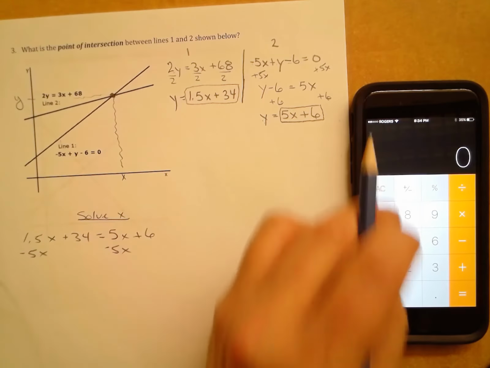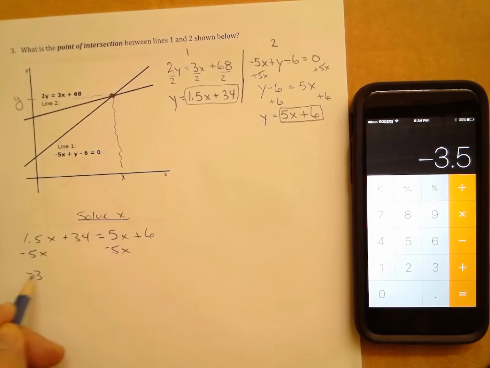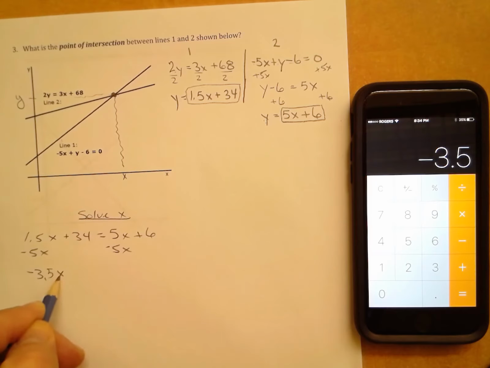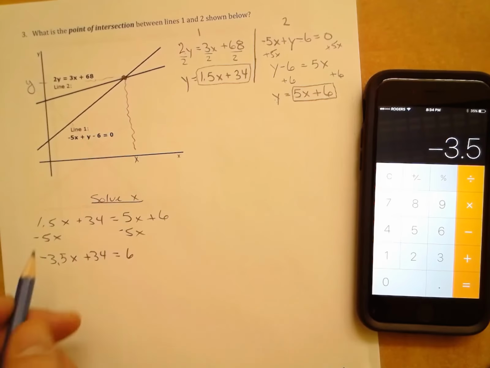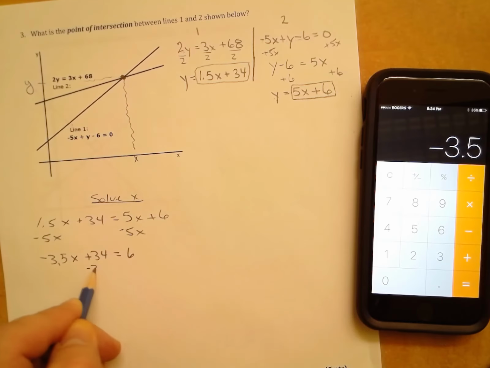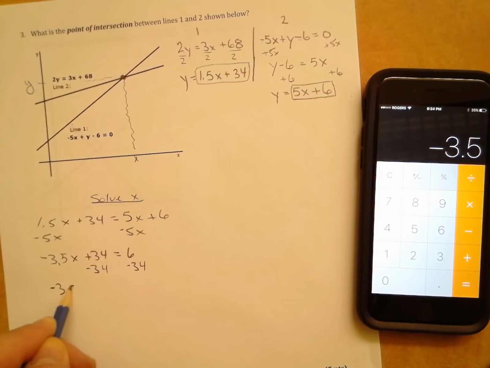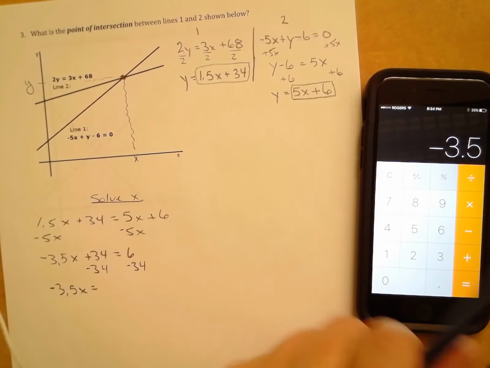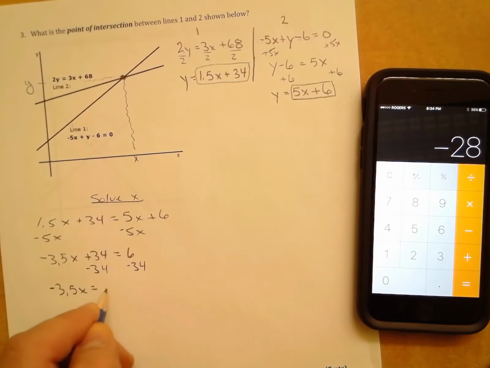And when I go 1.5 minus 5, I'll be left with negative 3.5x plus 34 is equal to 6. I'm now going to subtract the 34. And I'll get negative 3.5x is equal to 6 minus 34, which is negative 28.